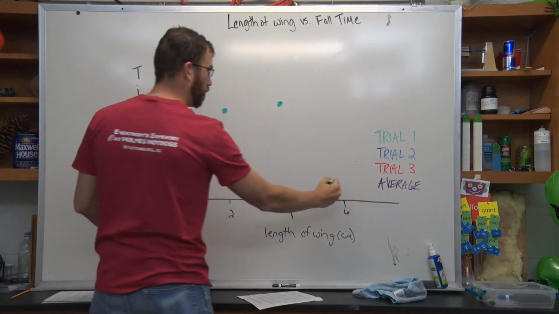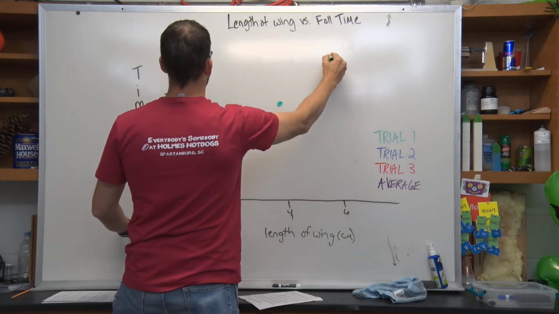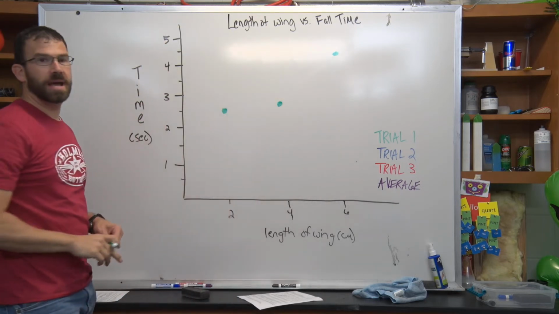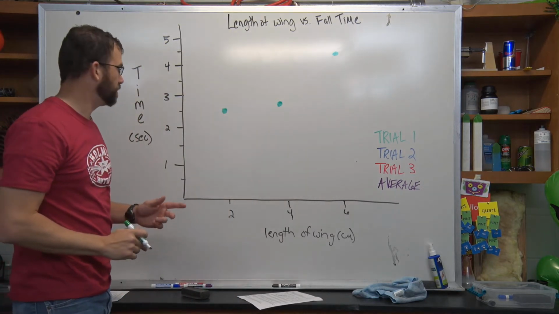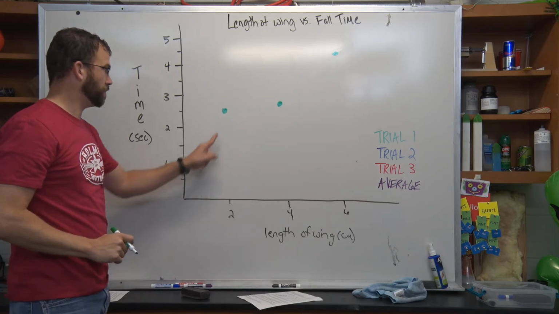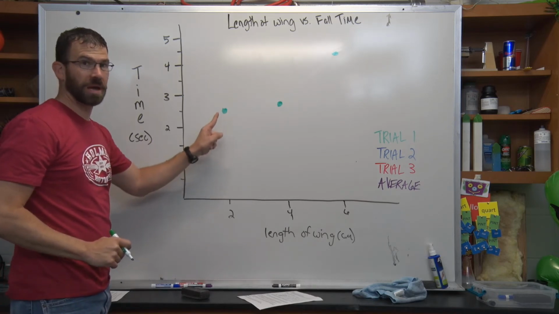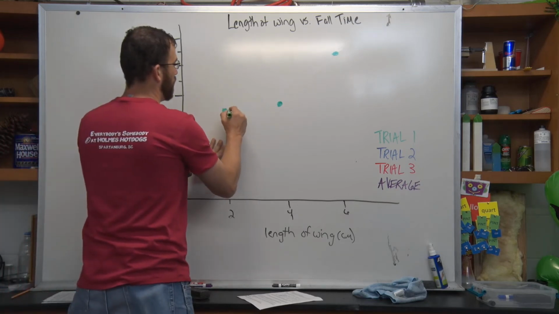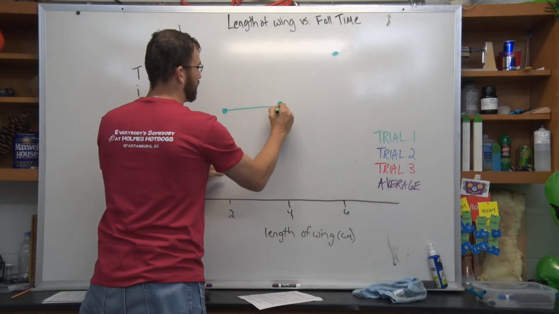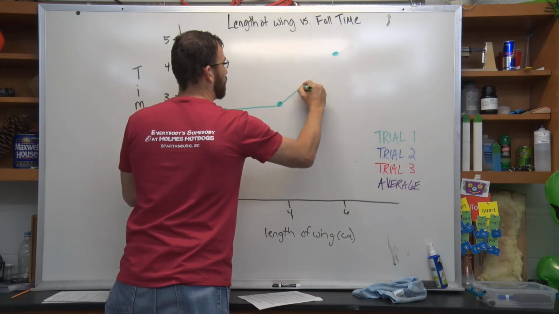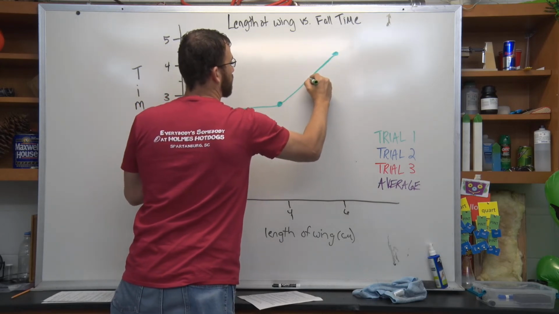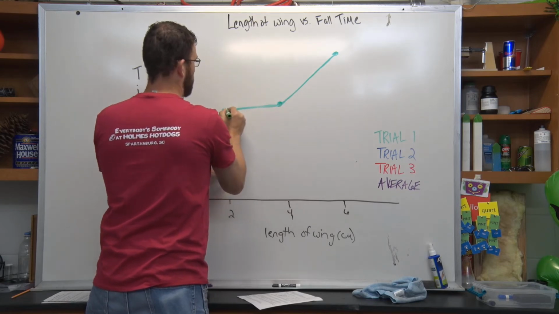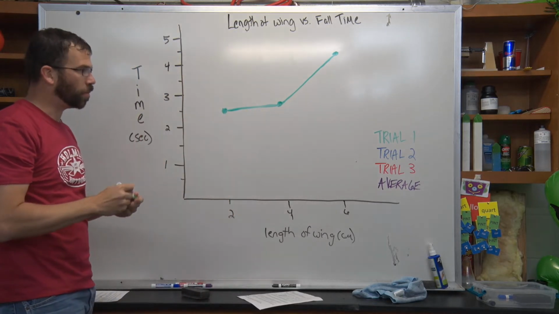And then 4.15, that looks pretty good right there. Now I want to connect the dots. I'm not going to connect from here to here. That would not be a proper technique when you're doing a line graph. But you can connect the dots from here to there. All right, so that's trial number 1.